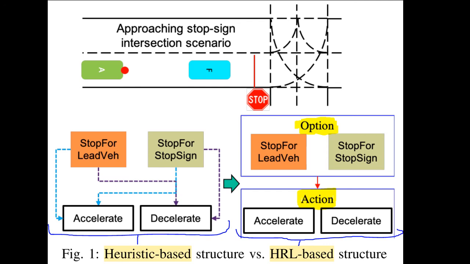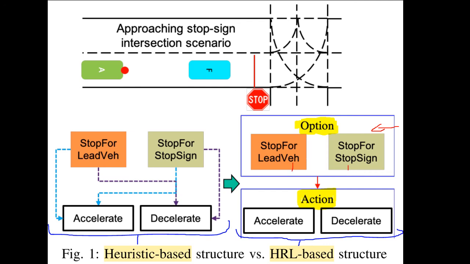You first have a high-level option that you want to select. It can be seen as, I don't know, a sub-goal that is selected, and it's selected by some meta controller depending on the scenario. So you have option 1, stop at supply, and option 2, follow front vehicle. So these are the two options that you are able to select.